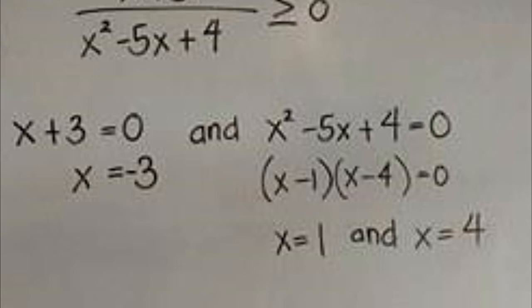In this case, we have greater than or equal to 0. So we want all the positive sections. Notice that x is not equal to 1 and x is not equal to 4 because it would make the original problem undefined. So you should use an open circle at x is equal to 1 and x is equal to 4 instead of a closed circle to draw the graph.